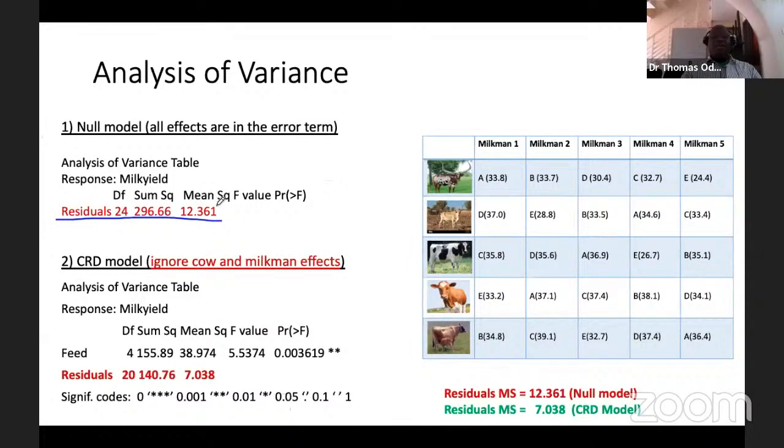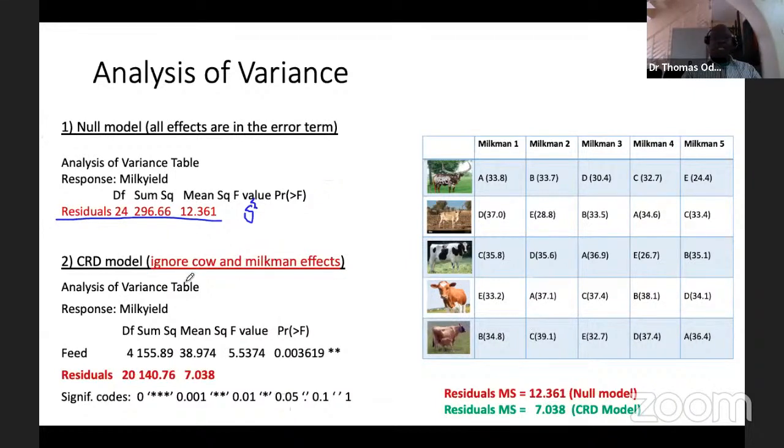The mean sums of squares is our sigma square, which is the variance. For the null model, our residual mean sums of square, which is our variance, is 12.36.